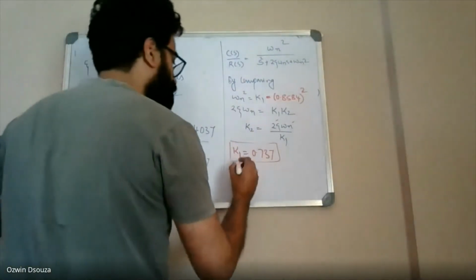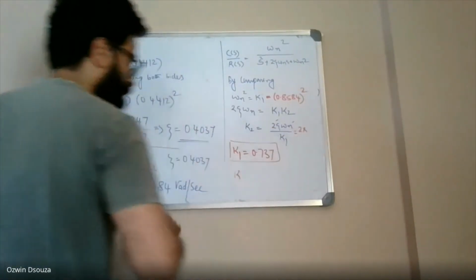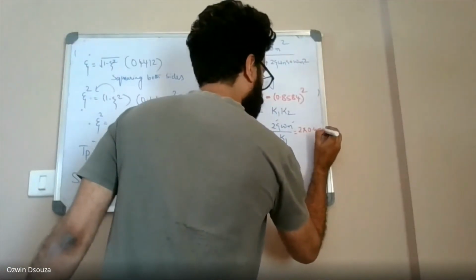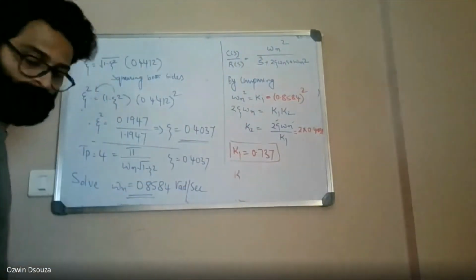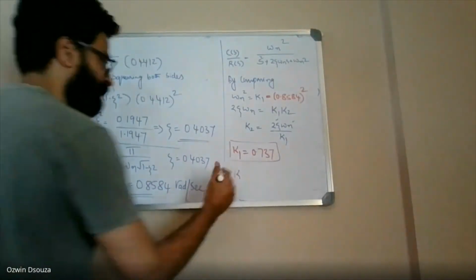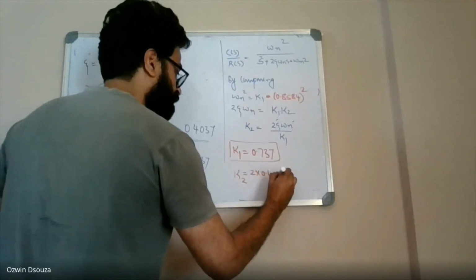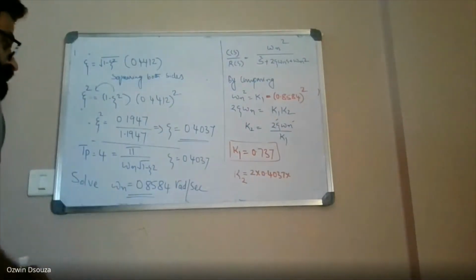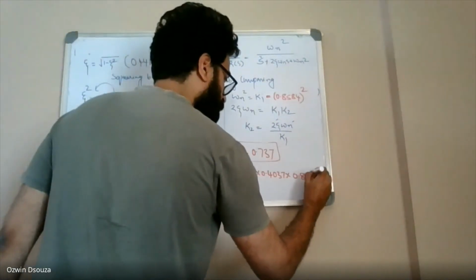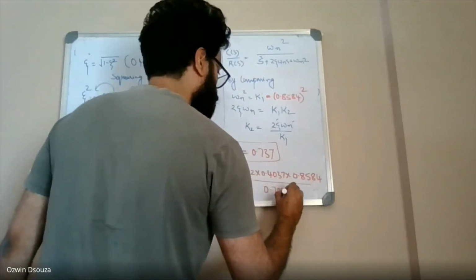Once you have K1, you can find K2. So K2 is 2 into zeta, which is 0.4037. Let me write once again. K2 is 2 into 0.4037 into omega n, 0.8584, divided by K1, 0.737.